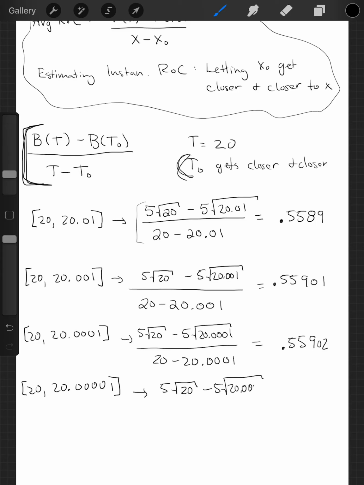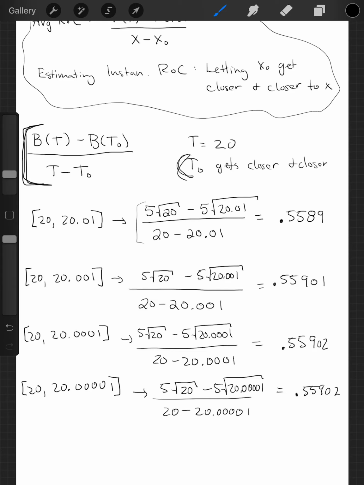But then I did the last one, plugged it in, and I got 0.55902.